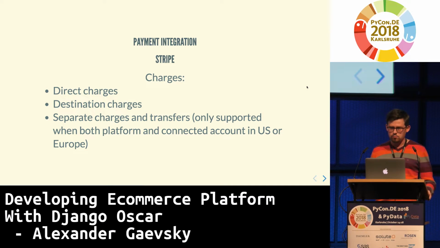But in marketplaces where you can't hold the money and you need to somehow charge your customer and split the payments, the best would be to use Stripe, separate charges and transfers. It has a limitation, but if it works for you, it would be the best solution.